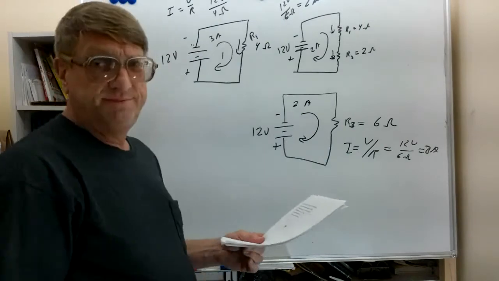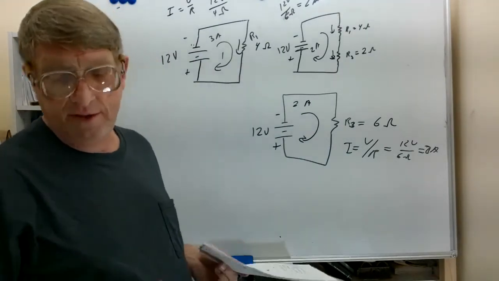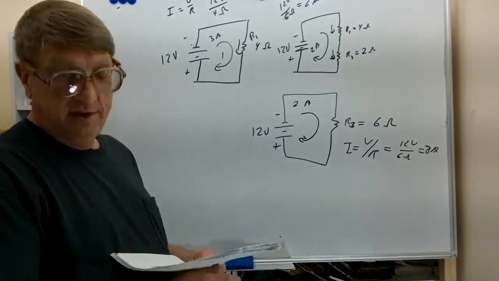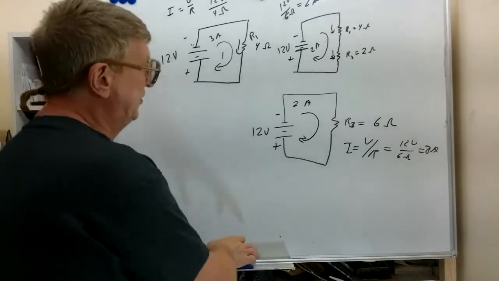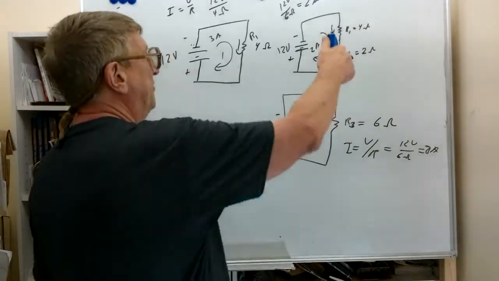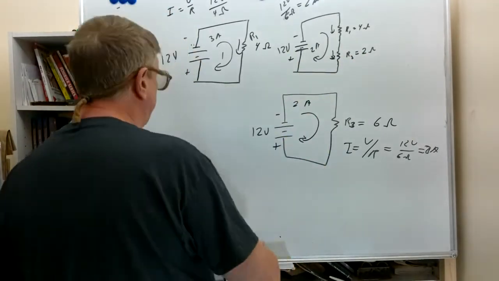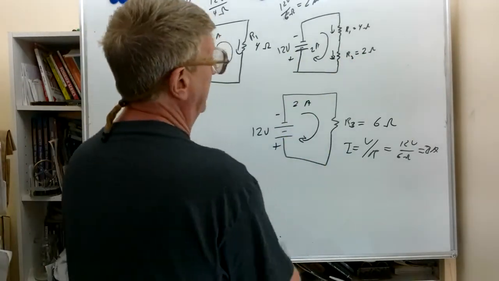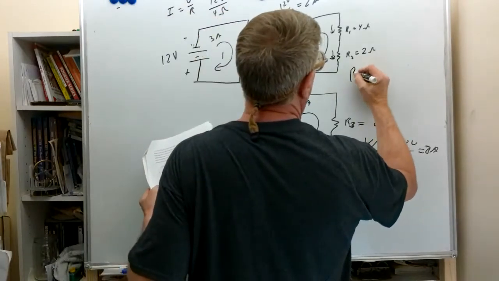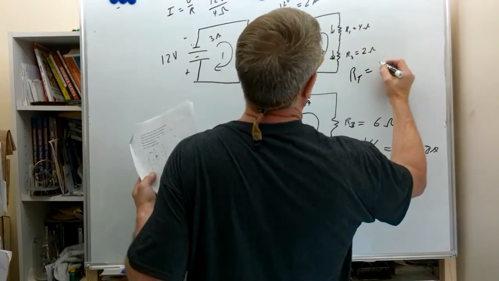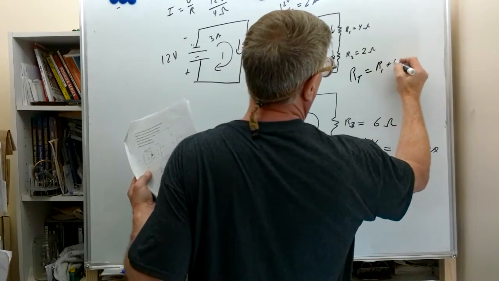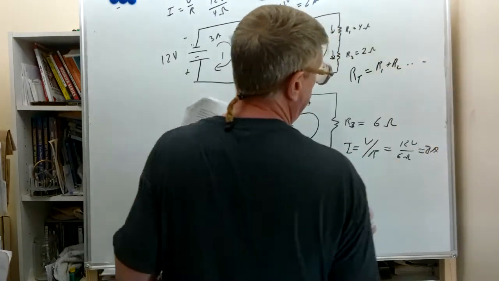So this is an example of how series resistance adds up, same current through every one. So resistance in series, very simple, adds up just numerically. R total is equal to R1 plus R2 on to however many you have.